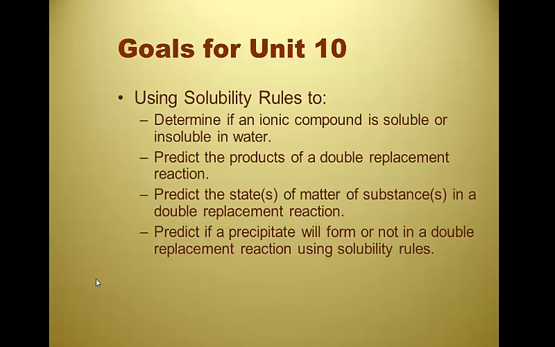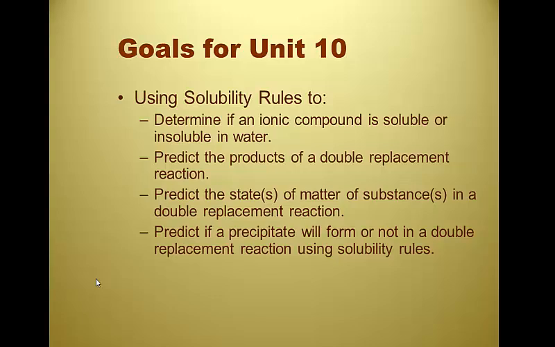Alright, the goals for Unit 10. You are going to use solubility rules, which are going to be given to you, to determine if an ionic compound, and this entire unit revolves around ionic compounds, is soluble or insoluble in water.